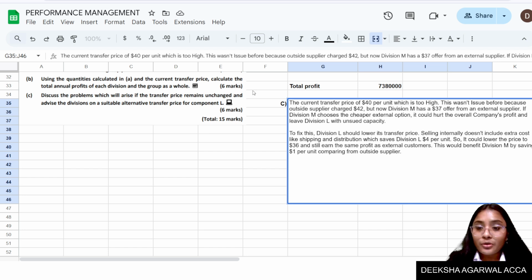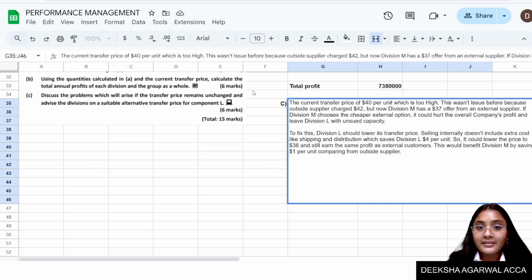Because see, in this question, if you read your required part carefully, they are asking two things, not one. One is to discuss the problem which will arise if the transfer price remains unchanged, and advise the division on a suitable alternative transfer price per component. So that is what I'm explaining.